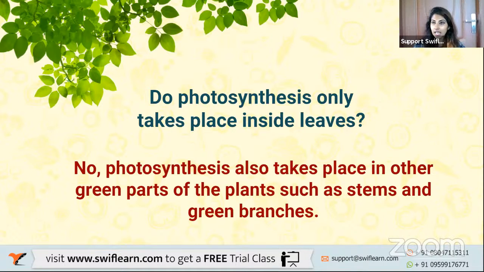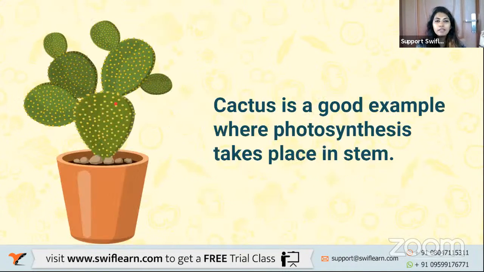No, photosynthesis also takes place outside the leaves. It takes place in the stem and in other areas which are green in color. So photosynthesis also takes place in other plant organs, that is stems and green branches. For example, the cactus.